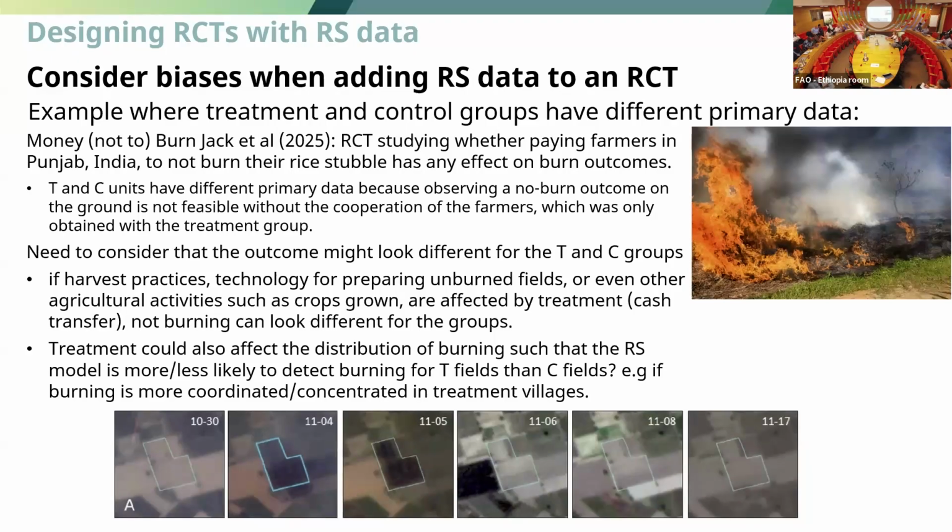And so in just training a model, there's a potential for bias, the key is if there's a difference in how the treatment group is acting compared to the control group.